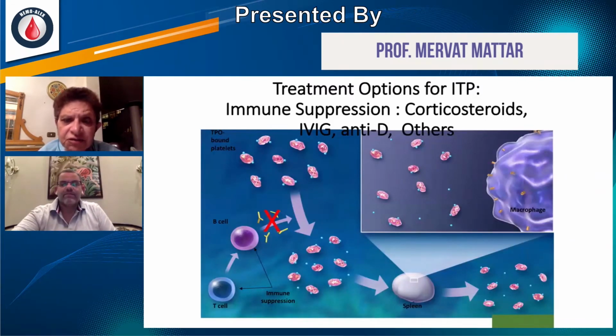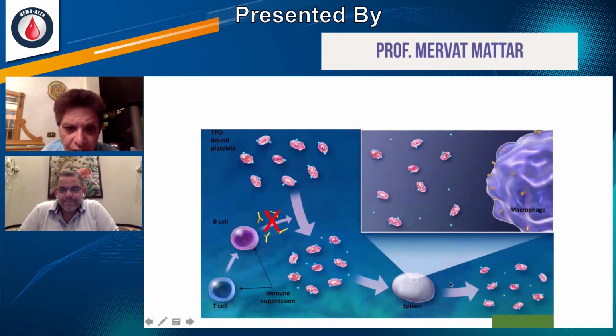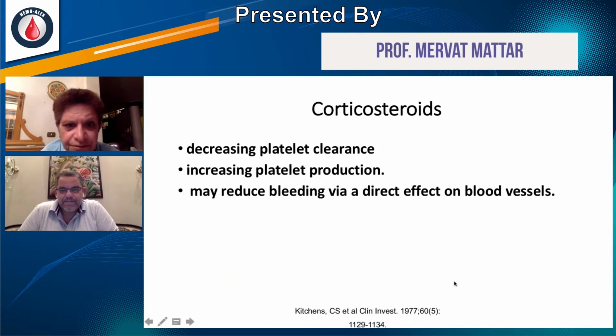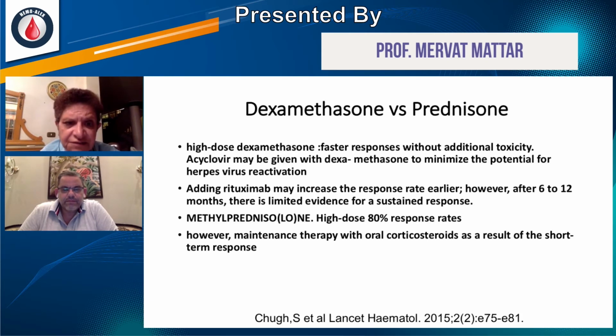Treatment options for ITP include immunosuppression as first line, using corticosteroids, IVIG, anti-D, and others. Corticosteroids are used, as we all know, because they decrease platelet clearance, increase platelet production, and may reduce bleeding via a direct effect on blood vessels.